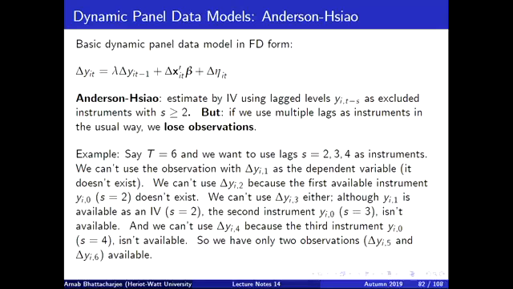What about the first period? Well, the first period's data is useless for us because we cannot take differences. We cannot do differencing. Okay, we can do differencing for the second period, but we have no instruments.